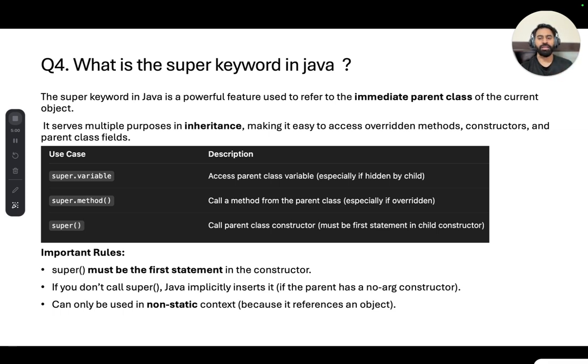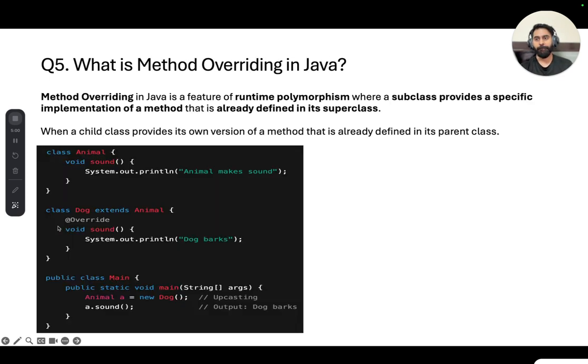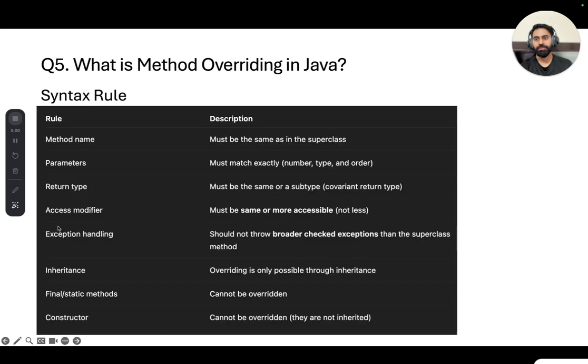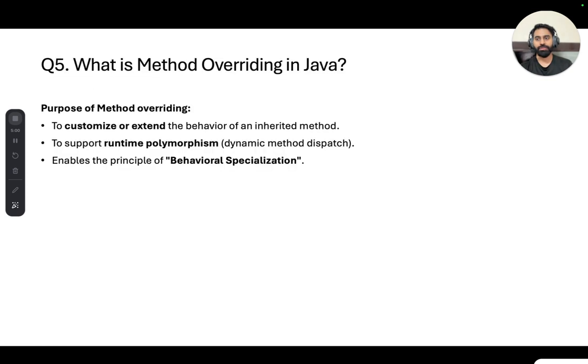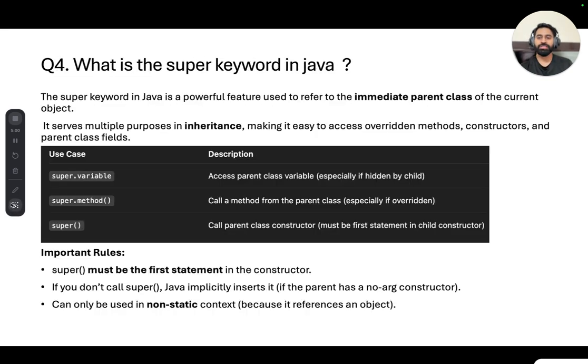And directly, super with parameters will call the parent class constructor. So this one will call the parent class constructor, this will call the parent class method, and super.variable will access the parent class variable.